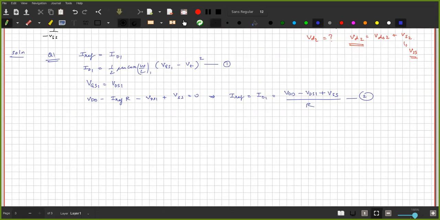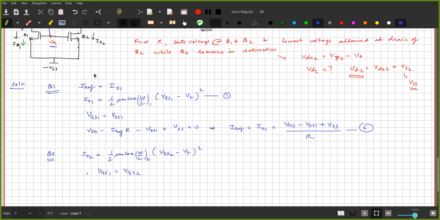Now I've looked at Q1. Let me look at Q2 now. Here I know ID2 as half mu1 COX W by L times (VGS2 minus VT) whole square. Then I know this VGS1 to be VGS2.